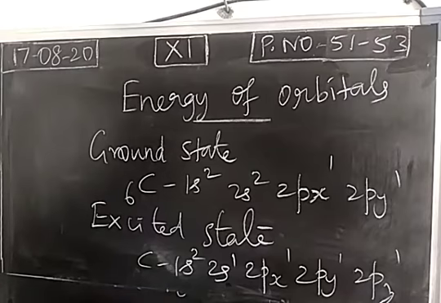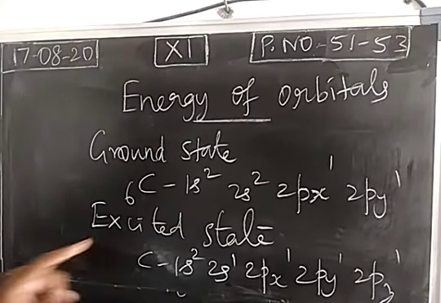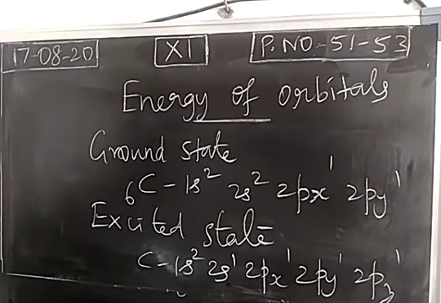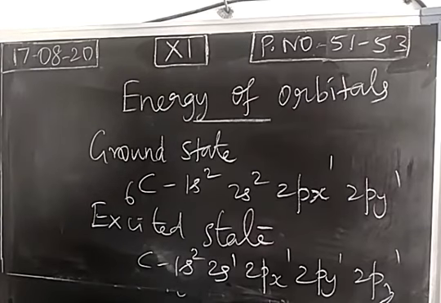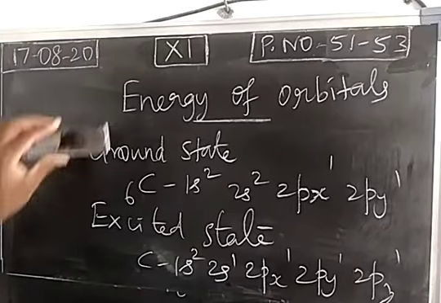So this is called the excited state configuration. Excited state refers to higher energy, right? So for an atom, when energy is low, it's called the ground state. When the energy is more, it's called the excited state. The configurations at those states are called what? Ground state electronic configuration and excited state electronic configurations respectively.